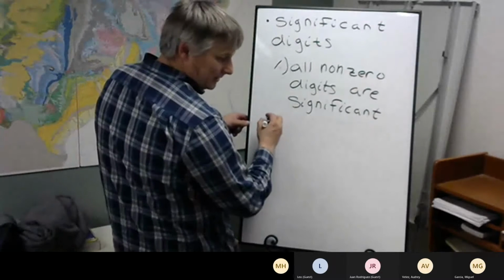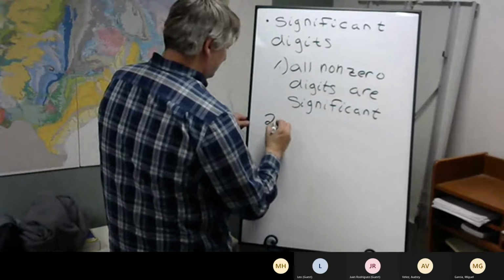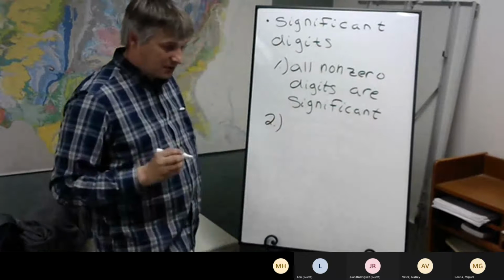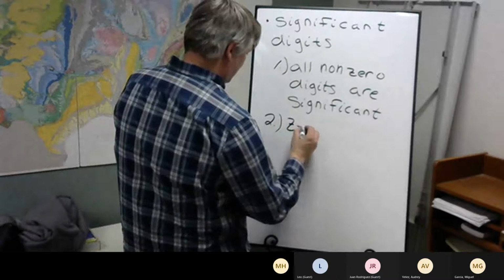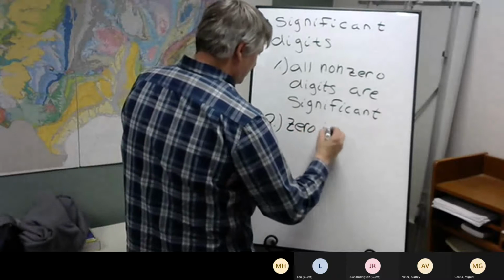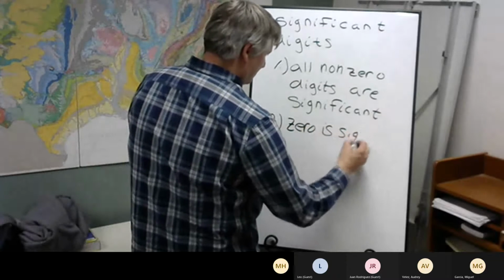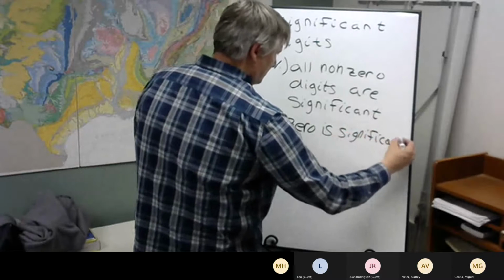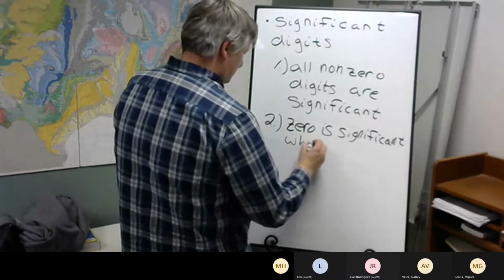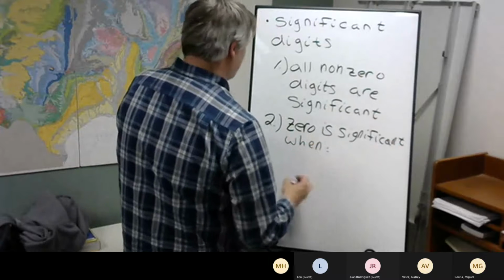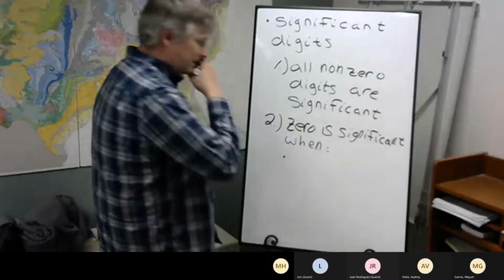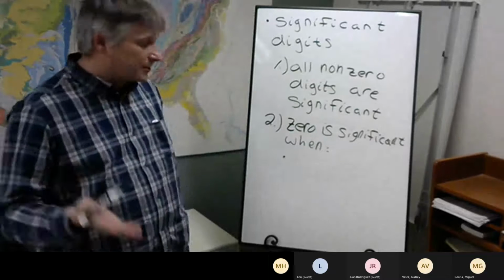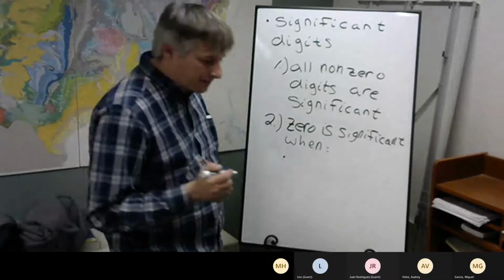Now, where it gets a little tricky is going to be zero. Because non-zero digits were okay. When zeros are in here, we've got to be a little careful.